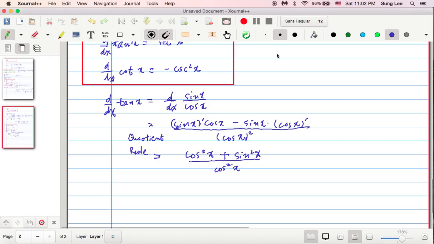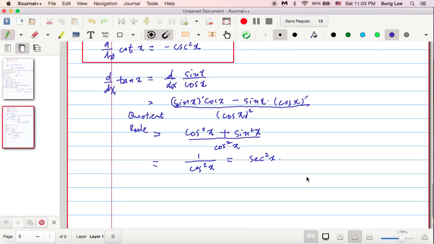And cosine squared x plus sine squared x, this is a well-known trig identity, right? We know that that equals 1. So we have 1 over cosine squared x. So 1 over cosine is secant, so that's secant squared x. Done.